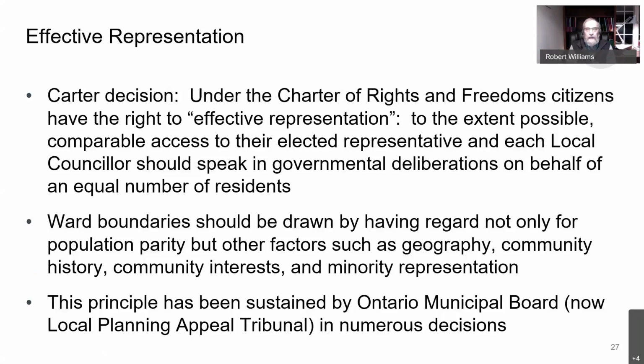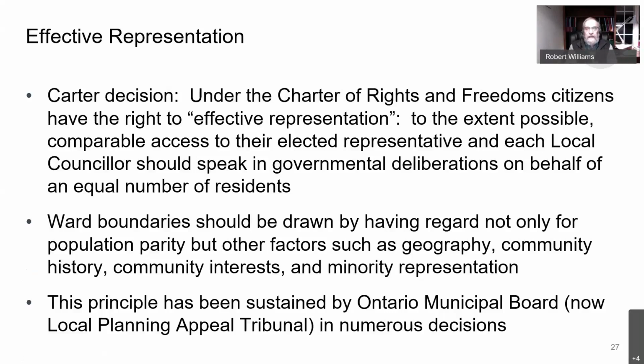So as we put it in that first bullet, to the extent possible, citizens should have comparable access to their elected representative. Again, you should not be living in a ward that has, let's say, 20,000 people and your friend lives in another ward where there's only 10,000 people. Your access is not comparable.